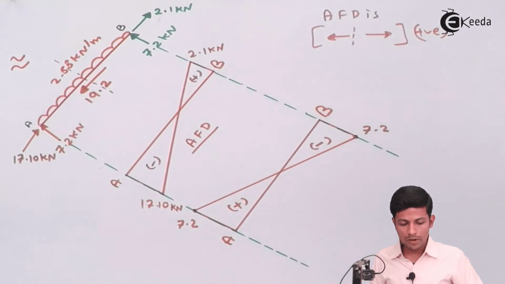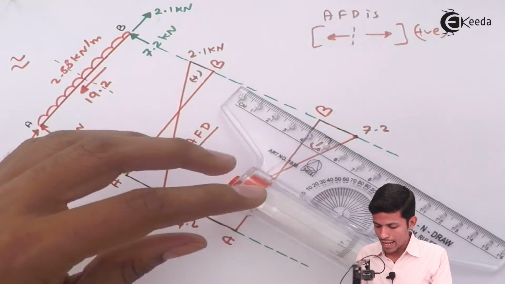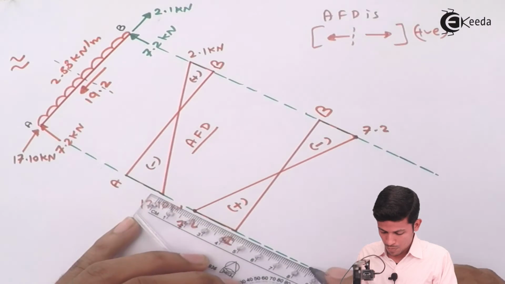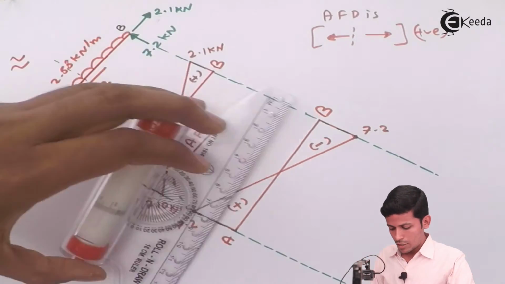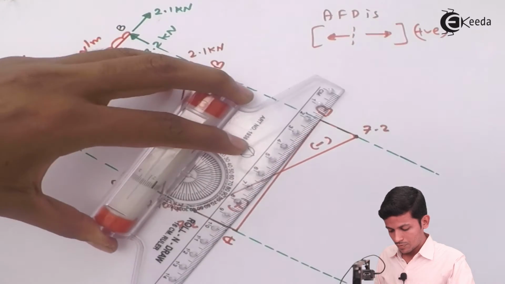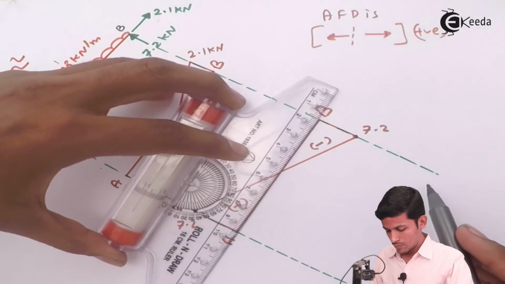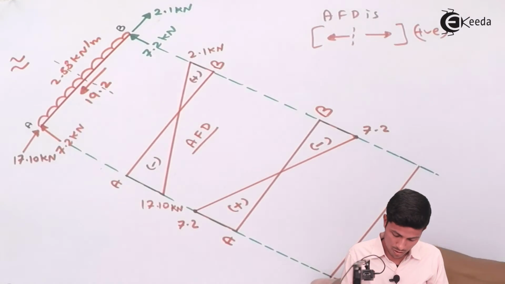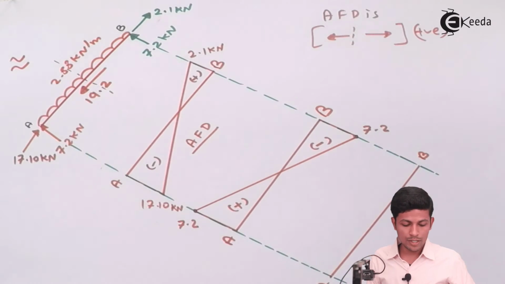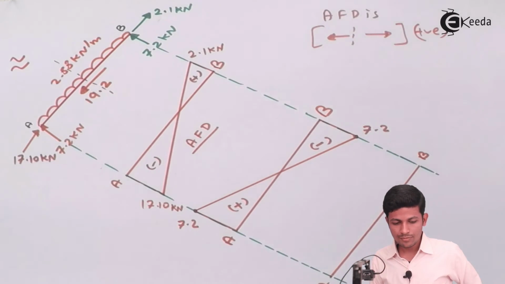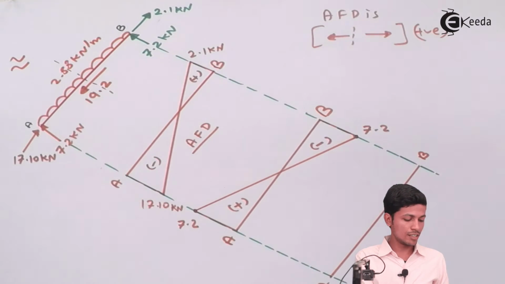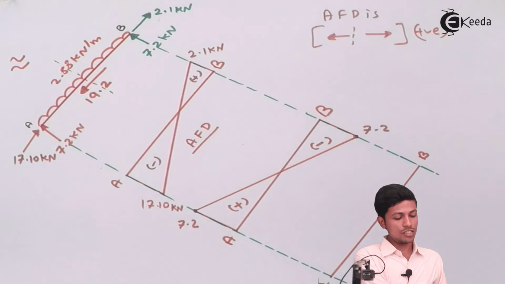Okay, now let's come to the bending moment diagram. First you have to draw the beam. This is your A part, this is your B part. Okay, now see, as I'm saying again and again, for the bending moment diagram always see the original figure.